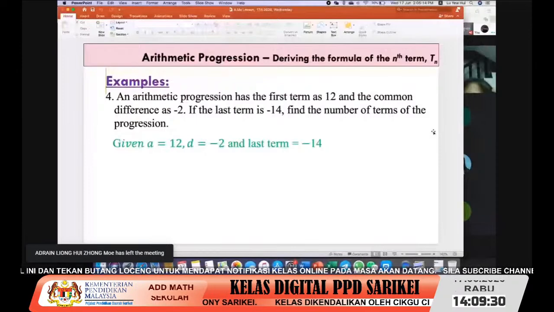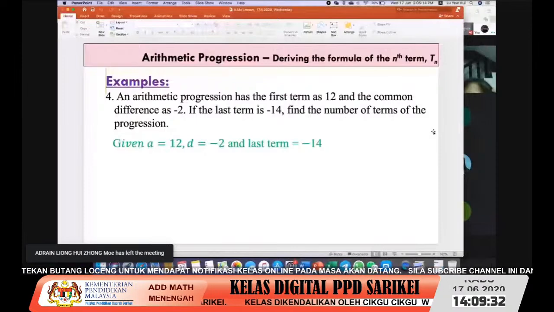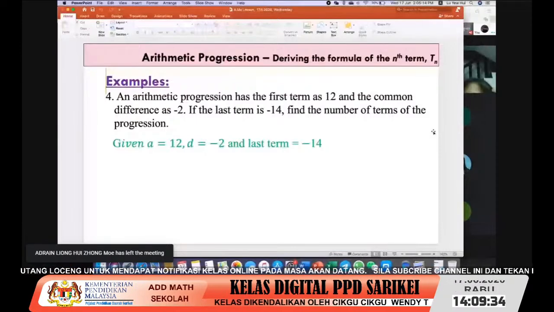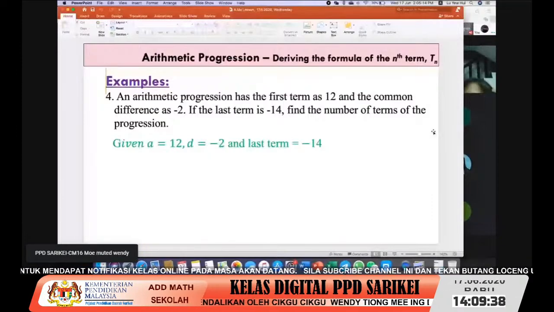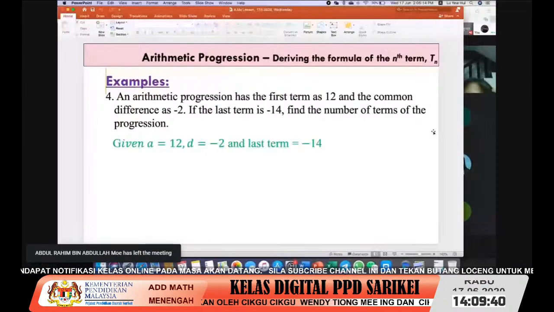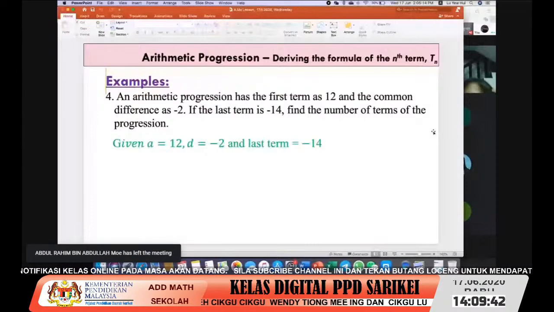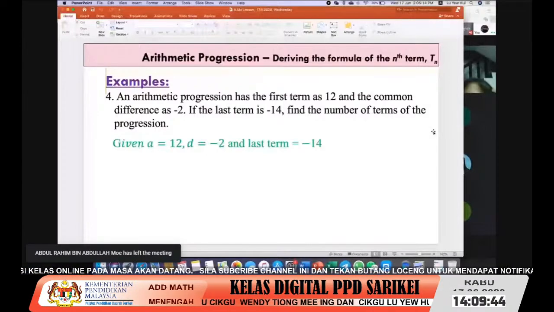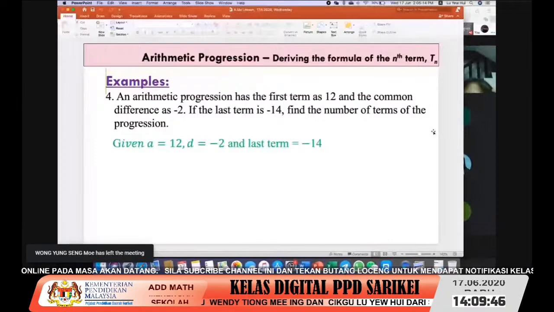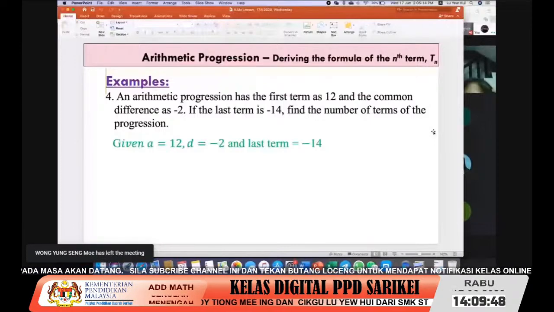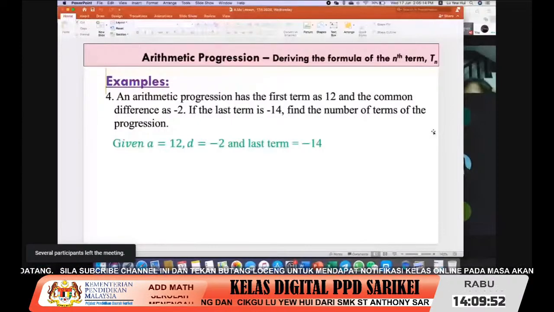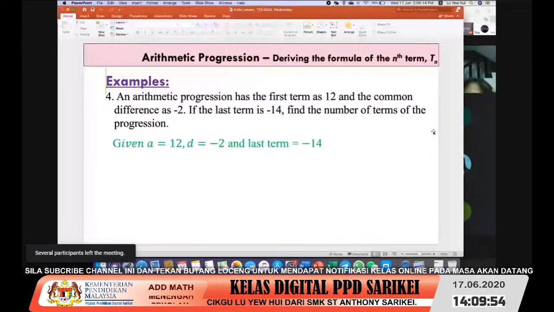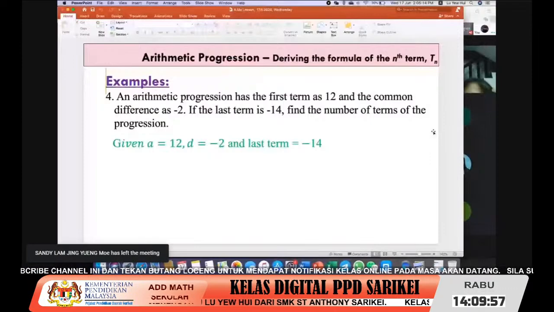An arithmetic progression has the first term. Okay, first term a is 12. That is a. And after that, common difference is negative 2. Okay, d is negative 2. And the last term will be negative 14. That is Tn.